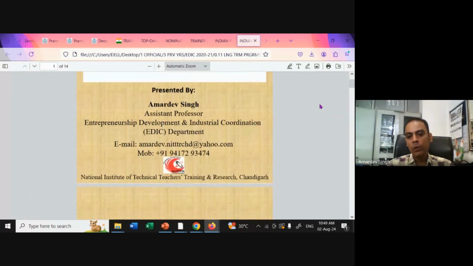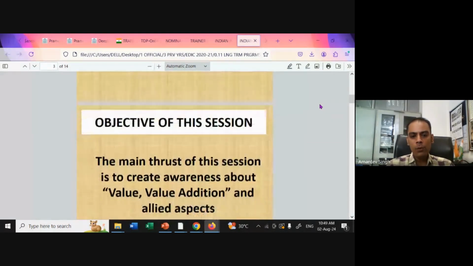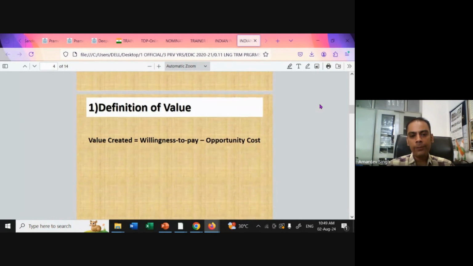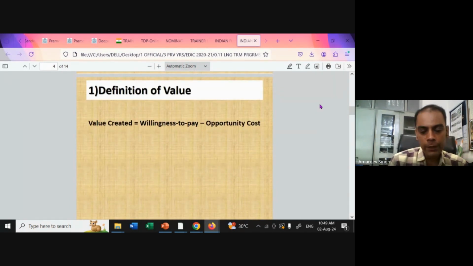So when we refer to value, if we talk of value in the journal, value created is defined as willingness to pay minus opportunity cost. Willingness to pay minus opportunity cost.